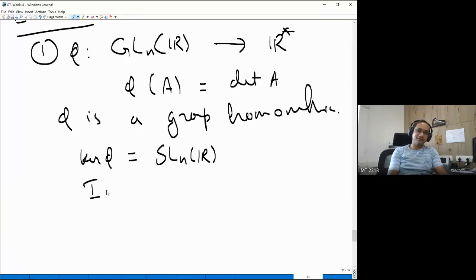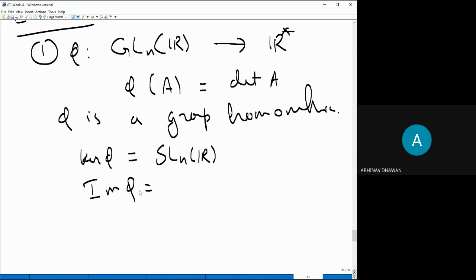What would be the image here? What is the image of the determinant map? It is surjective, the full R star. Why?